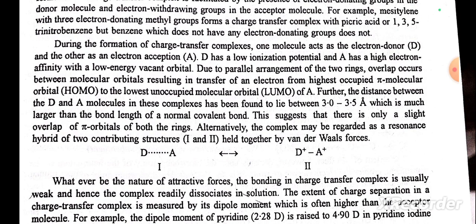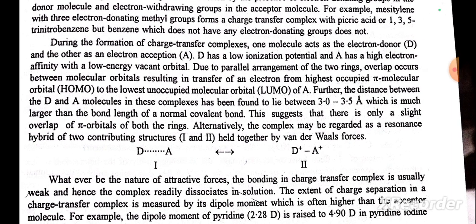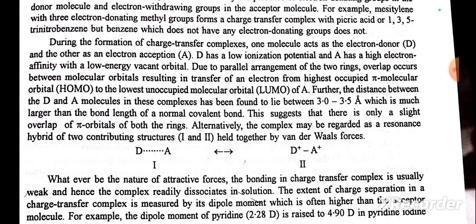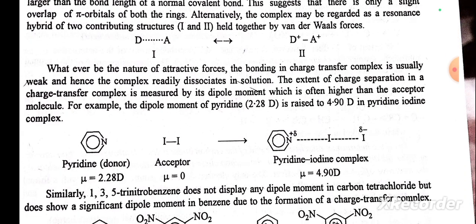Due to the parallel arrangement of the rings, overlap occurs between these molecules, resulting in transfer of an electron from the highest occupied pi orbital of the donor to the lowest unoccupied orbital of the acceptor. There is a small distance between the D and A molecules, and this suggests that there is the highest likely overlap of the pi electrons. Alternatively, this complex may be regarded as a resonance hybrid of two contributing structures held together by van der Waals forces.